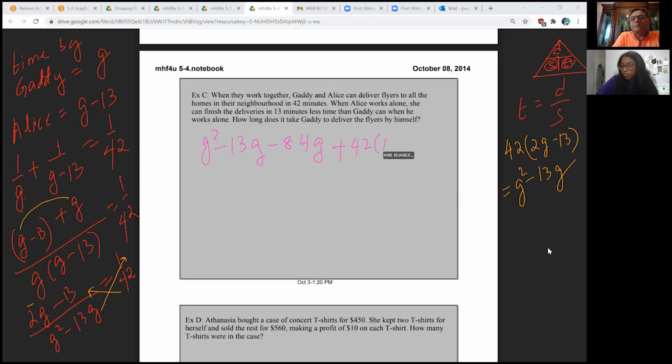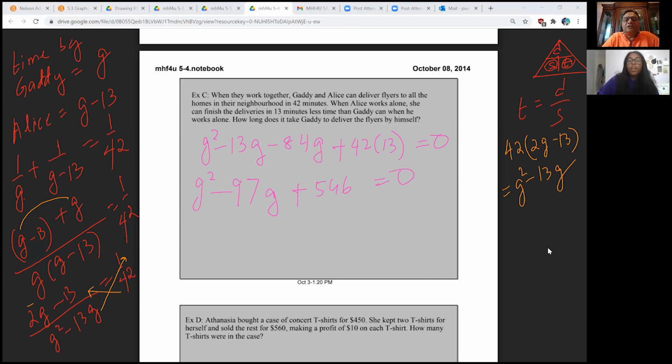Equals 0. So you see one quadratic equation right there. Now you can simplify, use a calculator. So g squared minus, add these two terms, 84 and 13 is 97g. And use a calculator to multiply 42 and 13. 546 equals 0.